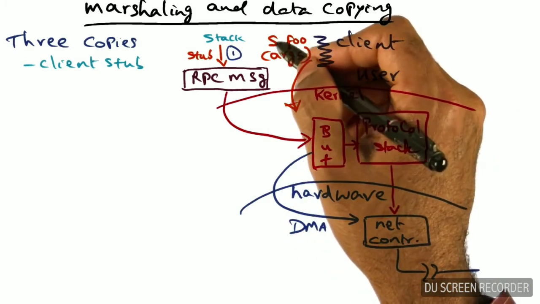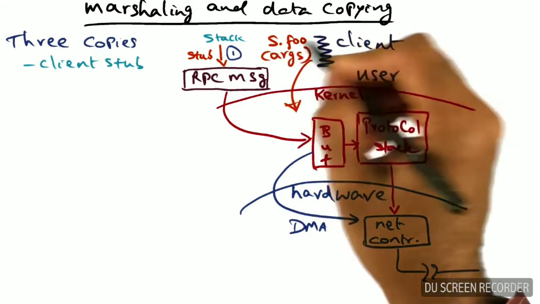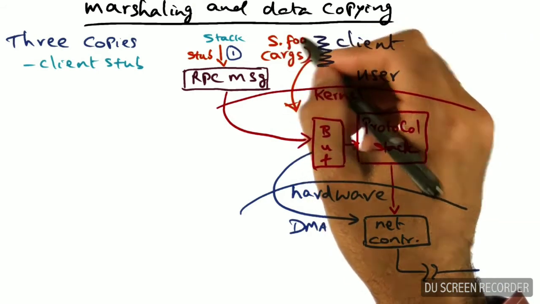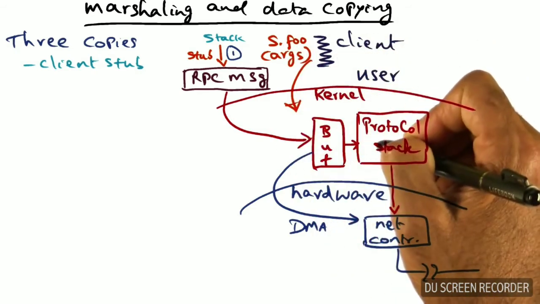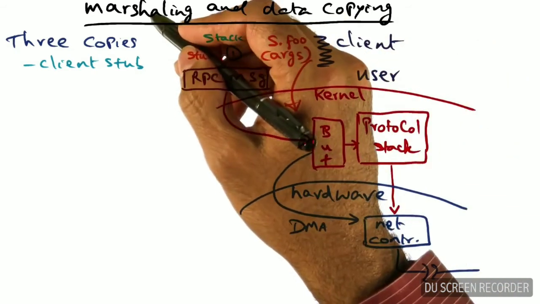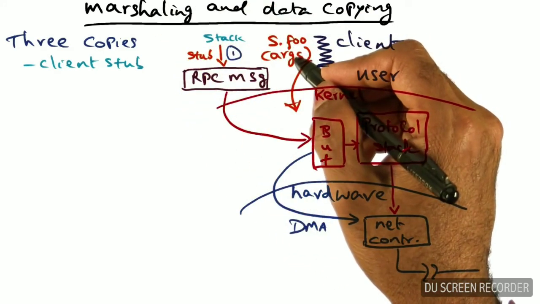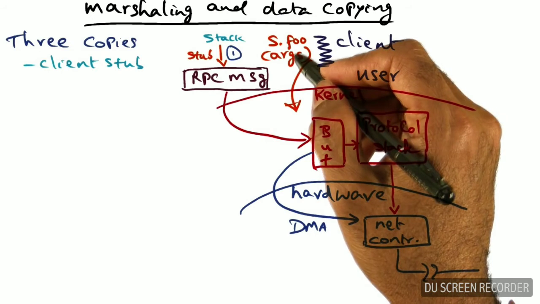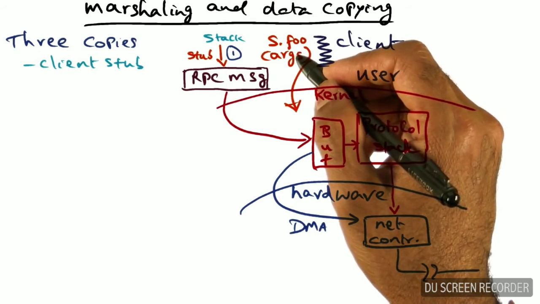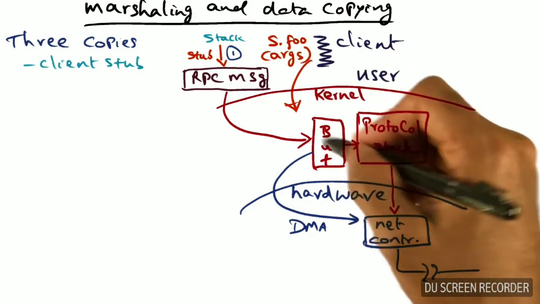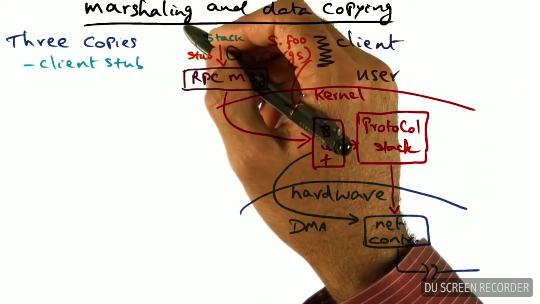So the arguments that are passed between the client and the server have semantic meaning only between the client and the server. The operating system has no knowledge of it, and therefore marshalling is the term used to say, let's accumulate all of the arguments in the call and make one contiguous network packet out of it so that we can give it to the kernel and the kernel can send it out. That's what is being described as marshalling.